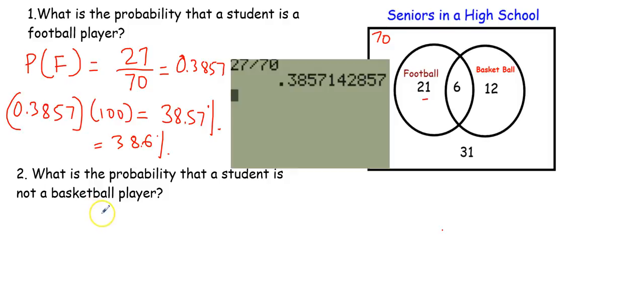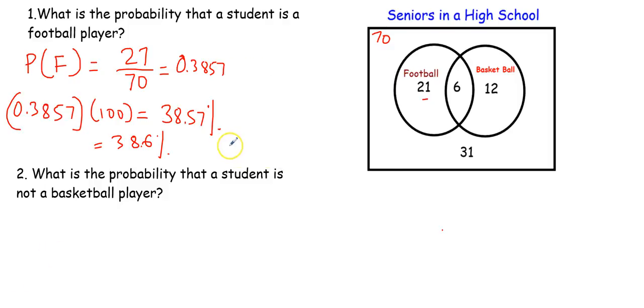Now, what is the probability that a student is not a basketball player? We are looking for a student who is not a basketball player. That is, I have to exclude this set, basketball set. I have to not consider this one. We are looking for those students who are not basketball players out of all the seniors.